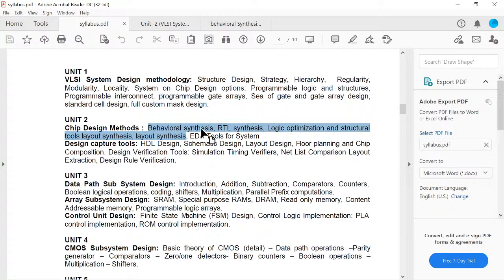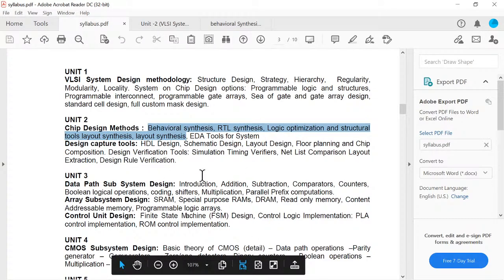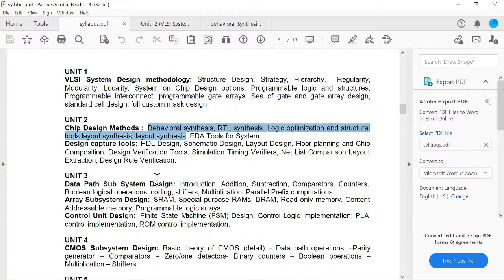Some of them are behavioral, RTL, logic, structural, layout. These are all the designing levels. So we start from the behavioral level, and then we will move towards the RTL, logic, structural, layout, and so on. Okay, so let's start our topic.